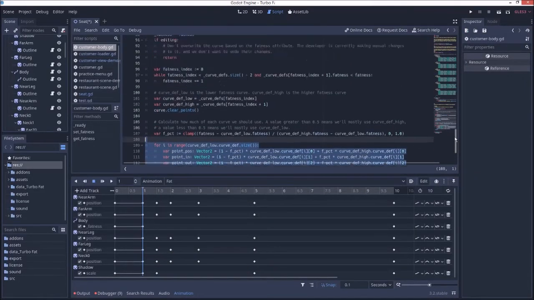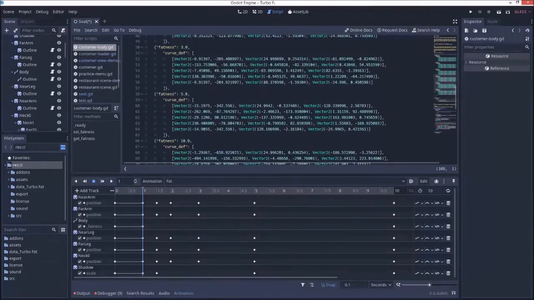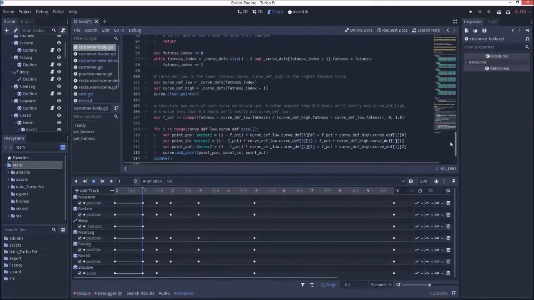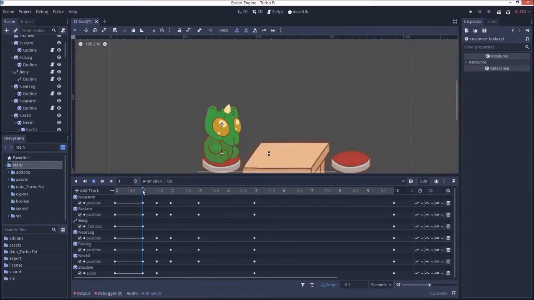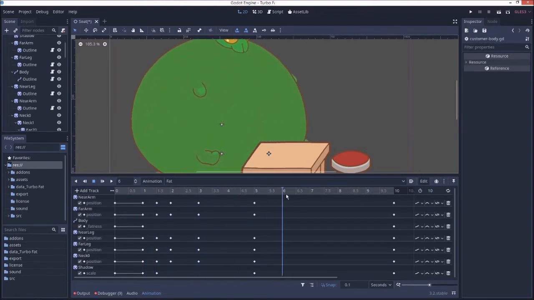Scrolling up again, for example, we define what the creature's stomach looks like at size 3 fatness versus 5 fatness versus 10 fatness, and those correspond to the different timestamps in this animation. Then later, when set fatness is called with like 6.6 or whatever, we do a linear interpolation between the curve of the 5 fatness creature and the curve of the 10 fatness creature. So it results in that smooth look where it can adopt any fatness from 1 to 10 and it looks smooth.